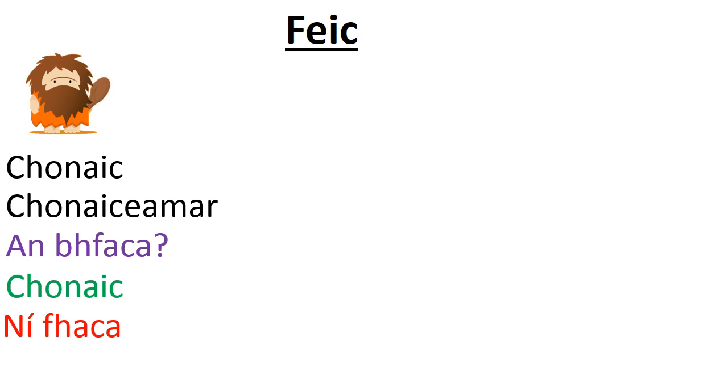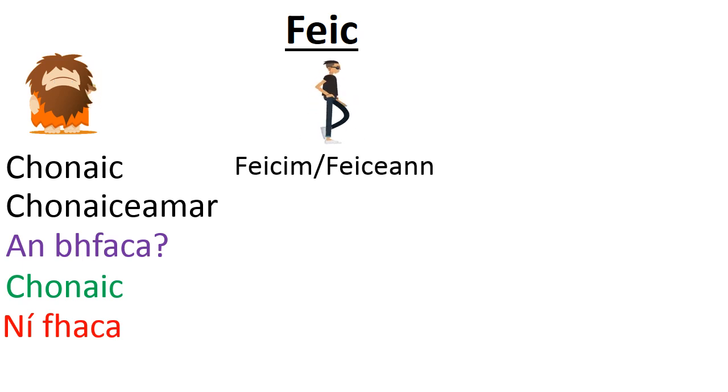Now moving on to the present tense. Feicim, I see. Feiceann tú, you see. Feiceann sé, feiceann sí, feiceann siad. Please remember that feicim is just for me, and that the im part means me.